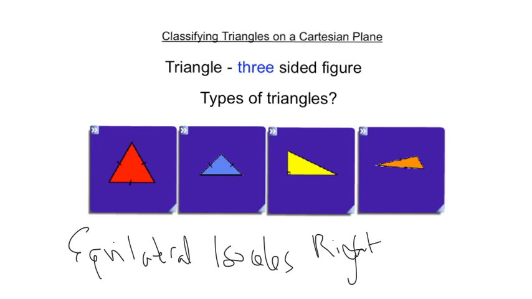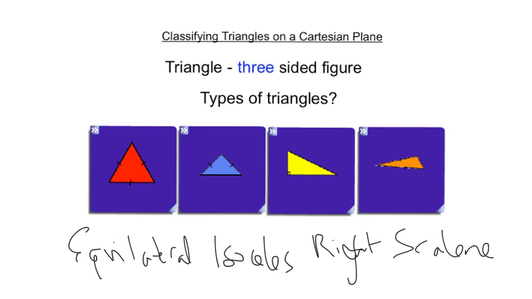A right triangle. And the last triangle here has no markings on any of the sides, and no angles are special values. So in this case, we call that a scalene triangle. Okay, so those are the four kinds of triangles that we're going to talk about.